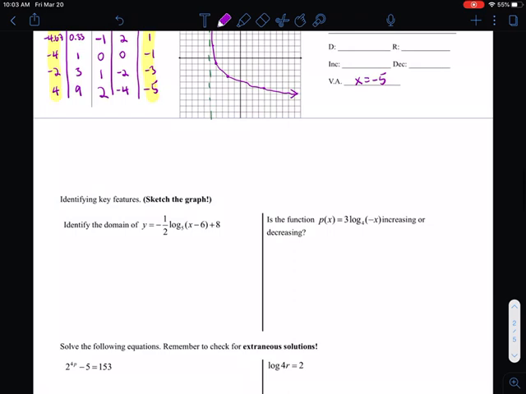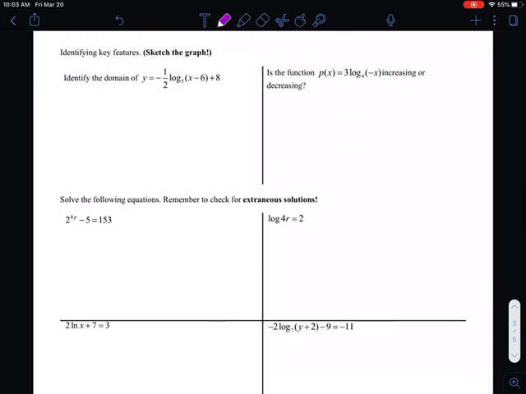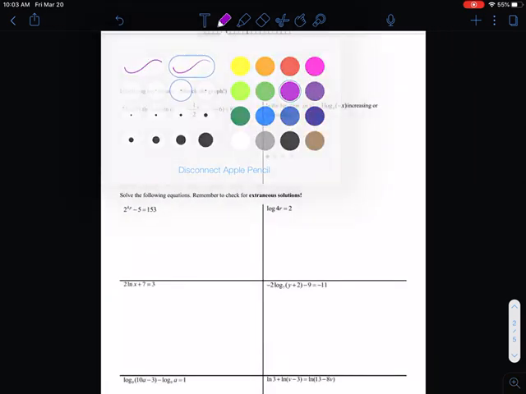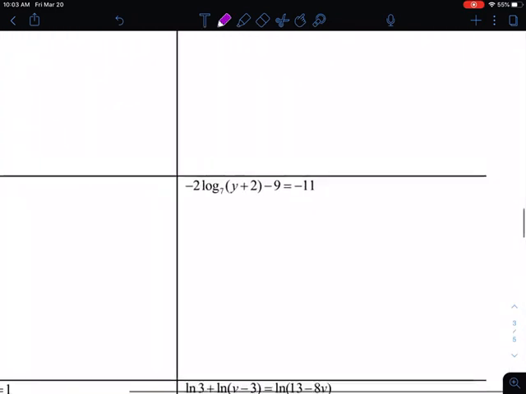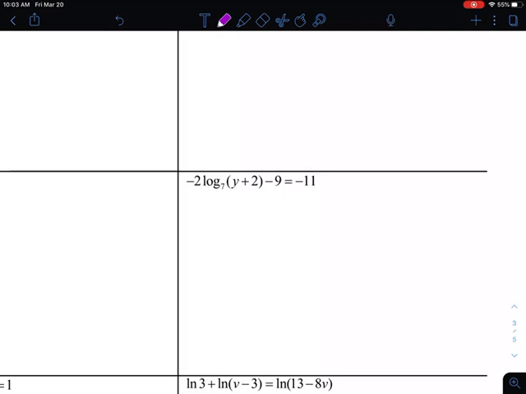Let's try a couple of solving ones as well. Let's do one right over here. If I have all this going on, remember I want to isolate my log. Let's add 9 to both sides first.